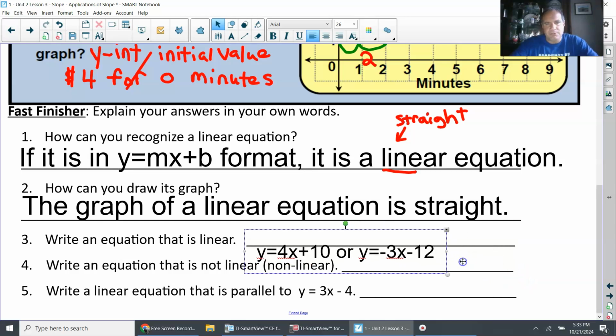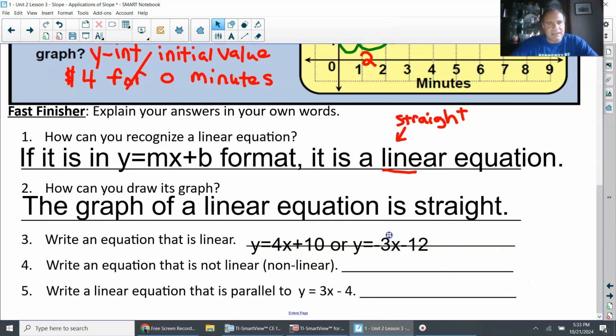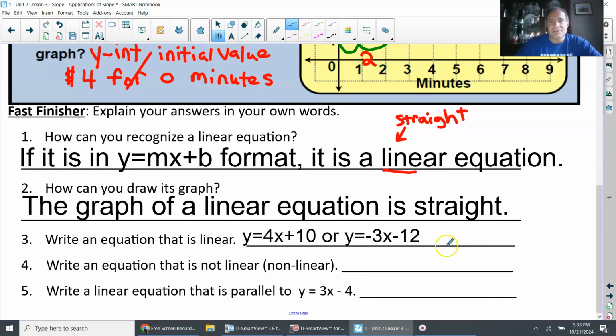Right? Any of those two, or anything in y equals mx plus b form, or even anything that looks a little bit strange. So if you have y equals x over 3 plus 2, well, that's 1 over 3x. That's what this is. This is the slope.